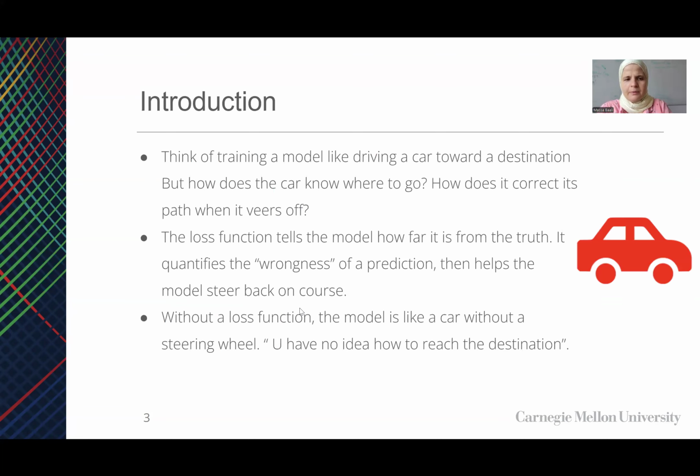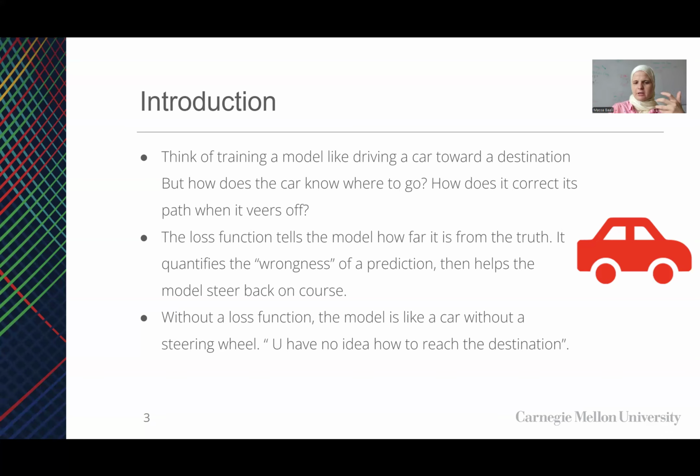First of all, think of training a model as if you're driving a car toward a destination. How does the car know where to go? How does it correct its path when it veers off? You should think about the loss function as the steering wheel, which guides your car.